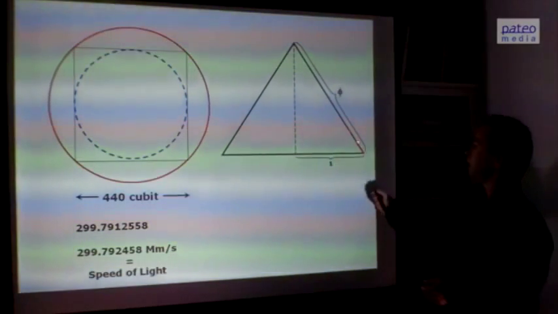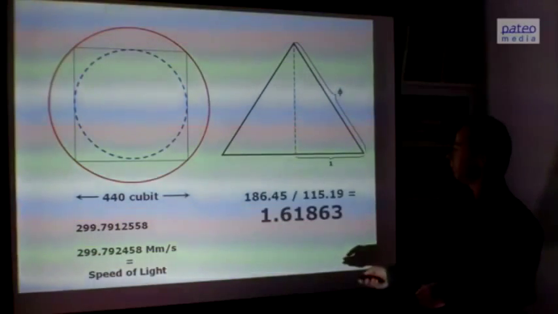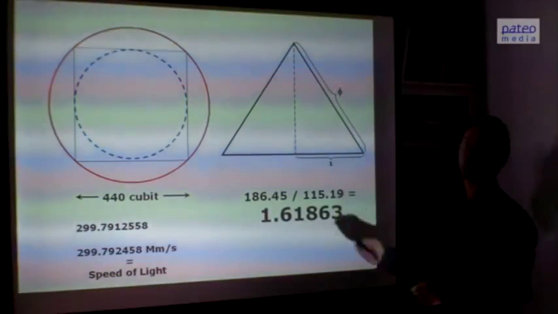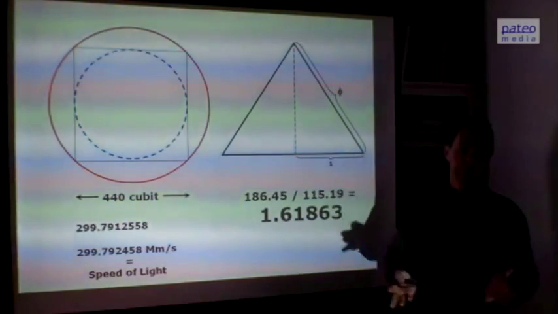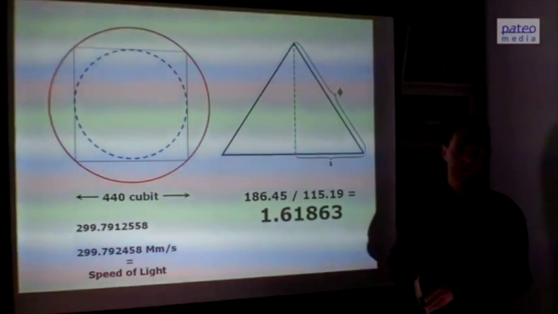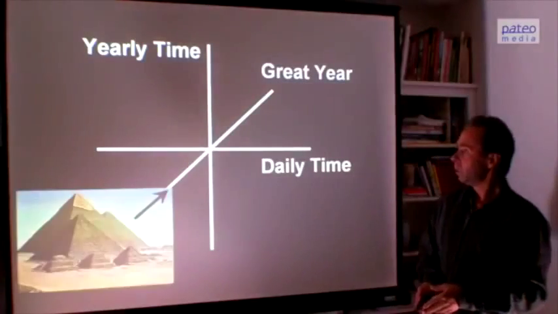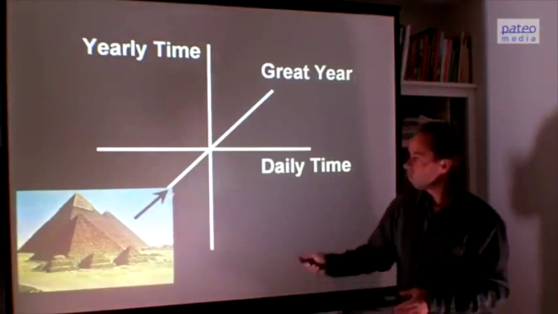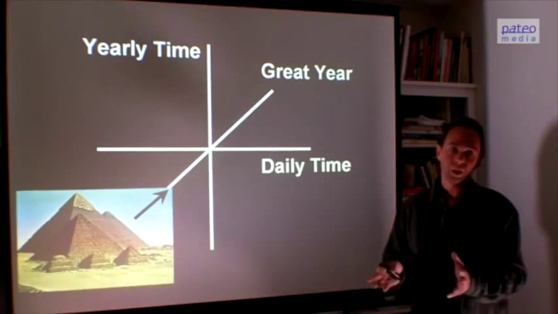When we take the half of the base and we take the length of the diagonal line, then we find phi, the golden mean. So the golden mean is present, the measurements of the Earth is present, the speed of light is present, all present in the measurements of the Great Pyramid. So what the pyramid builders did was show us this great year, and they gave us a lot of clues that they didn't build it by accident.